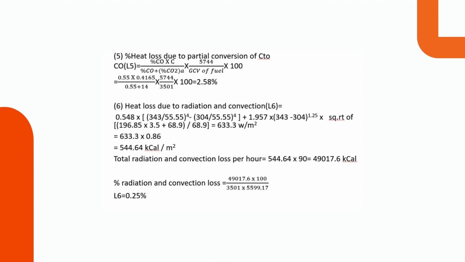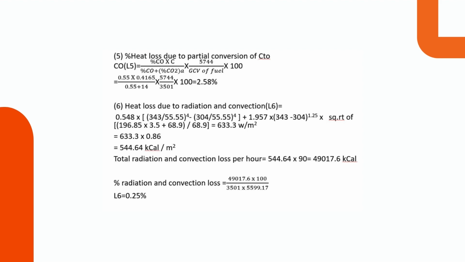Sixth, heat loss due to radiation and convection L6 comes to 544.64 kilocalorie per meter square. Total radiation and convection loss per hour is 544.64 into 90, which is 49017.6 kilocalorie.